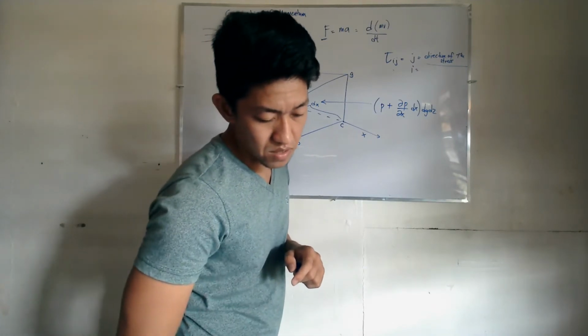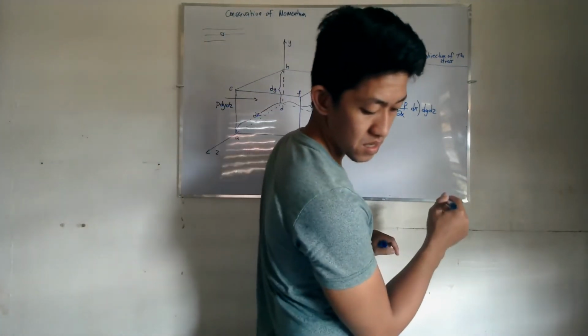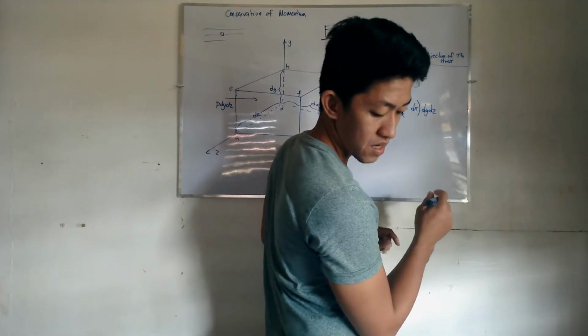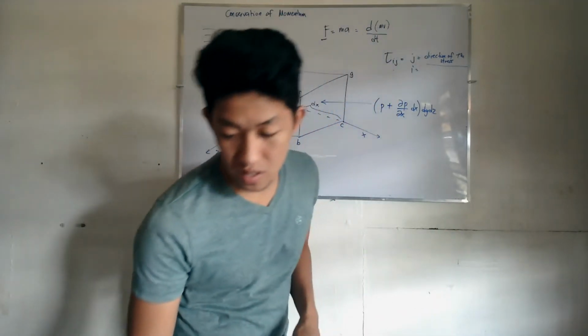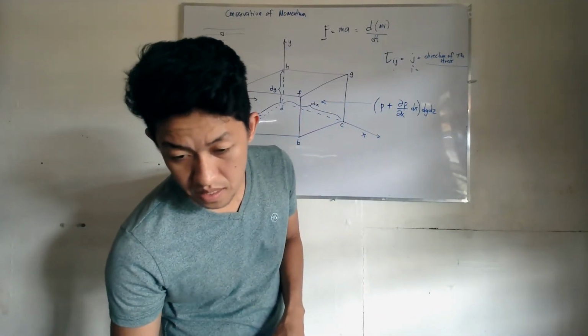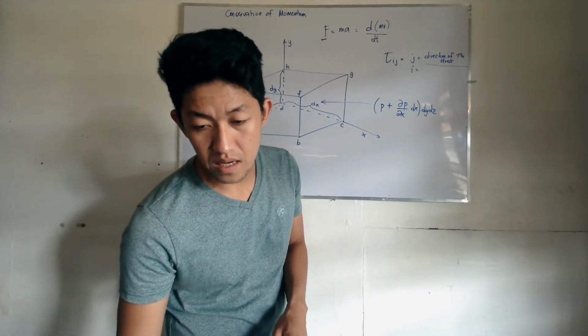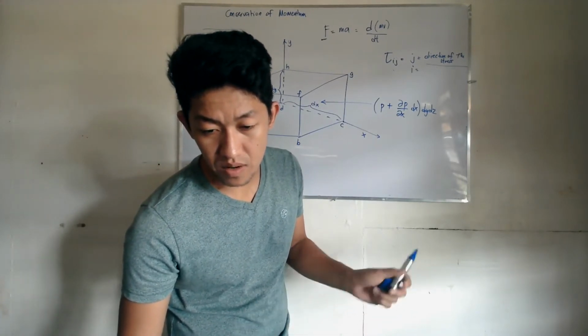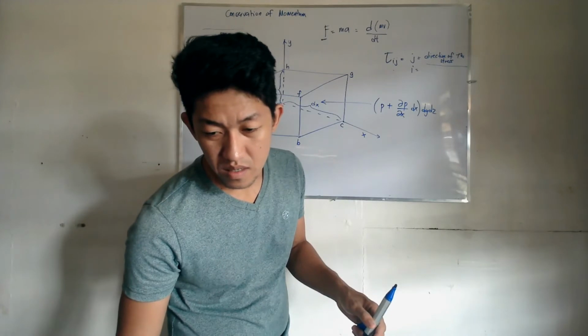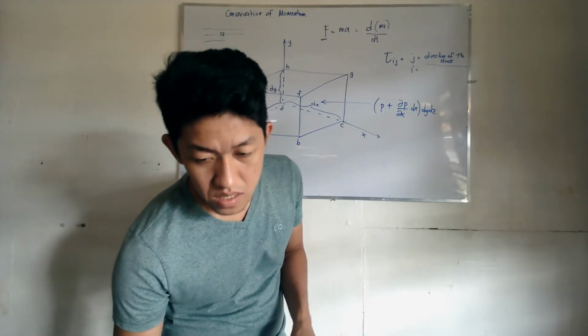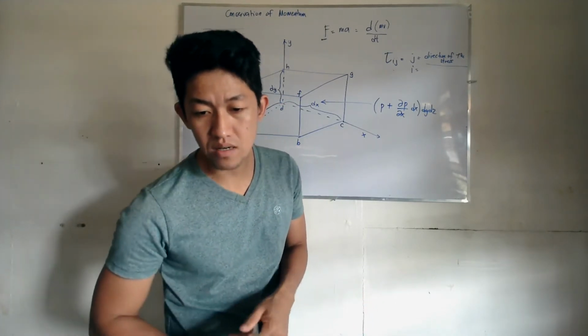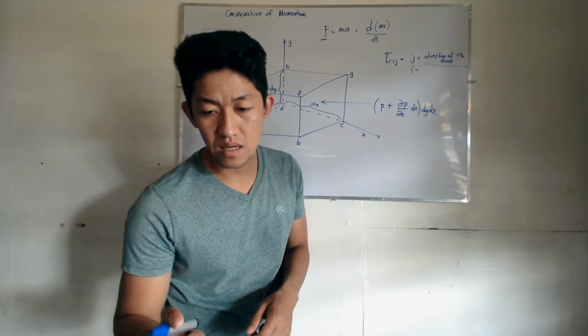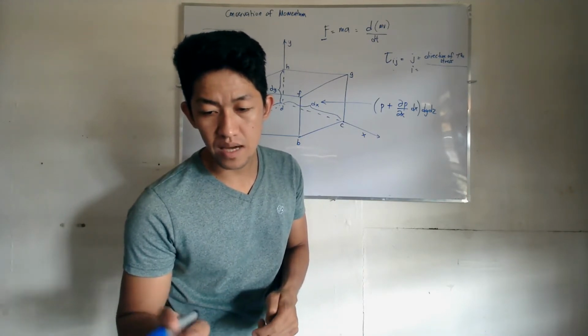Okay, so in other words, the i direction will determine the plane perpendicular to the i axis.